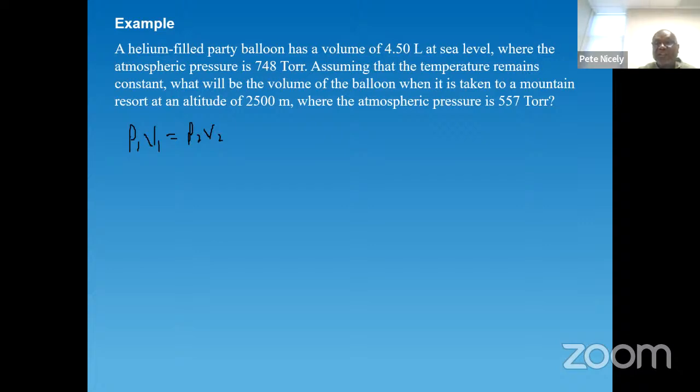So the first thing I notice here is they gave the initial volume, which is V1. They gave the initial pressure, which is P1, and they gave the final pressure, which is P2. And this information here is basically irrelevant, so we can ignore that. And the question is asking for V2. So we have to rearrange this equation to solve for V2.